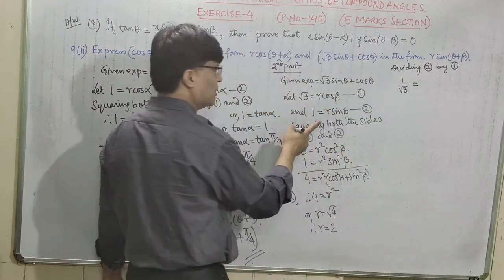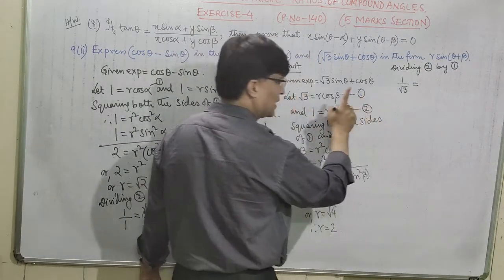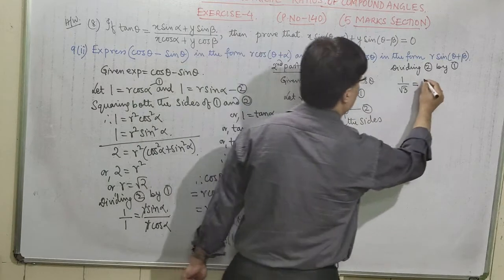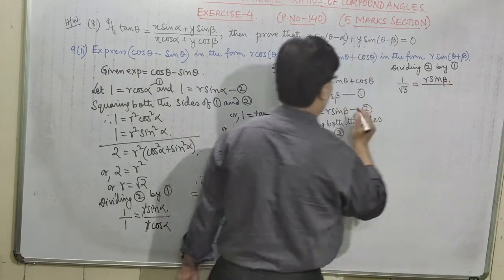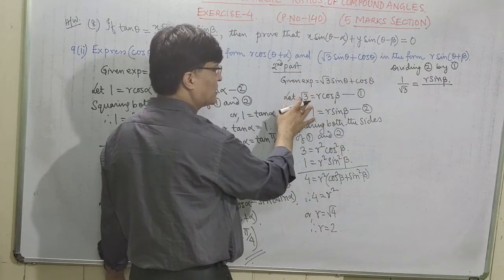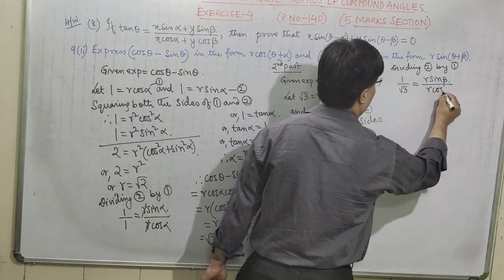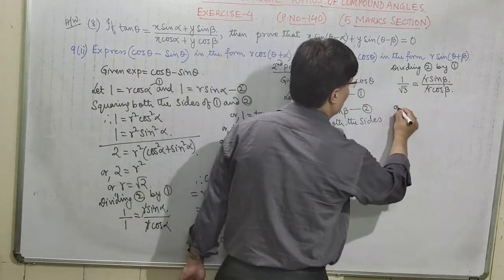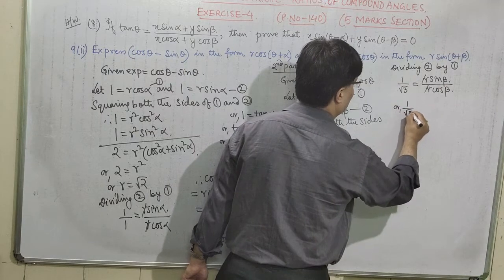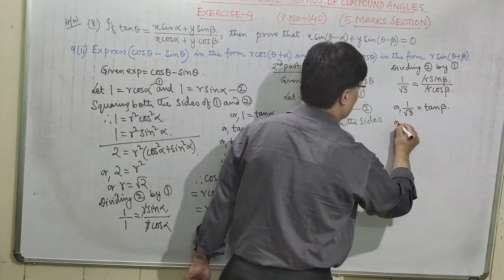So it is 1 by root 3 is equal to, now let us write right hand side of number 2 in the numerator, so it is r sine beta divided by, now let us write down right hand side of number 1 in the denominator, so it is r cos beta. So here r gets cancelled. So this is 1 by root 3 is equal to, this is your tan beta, right?